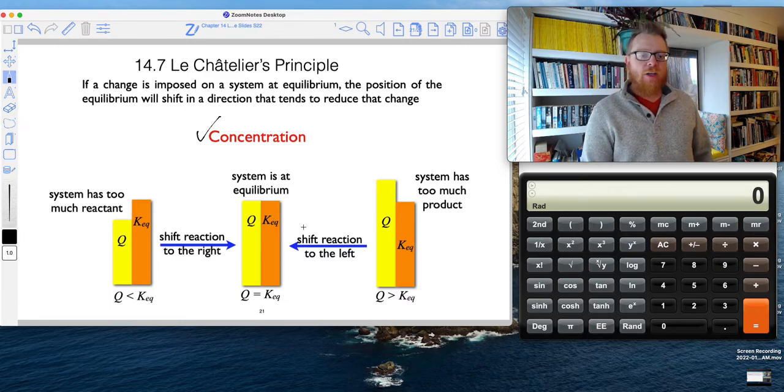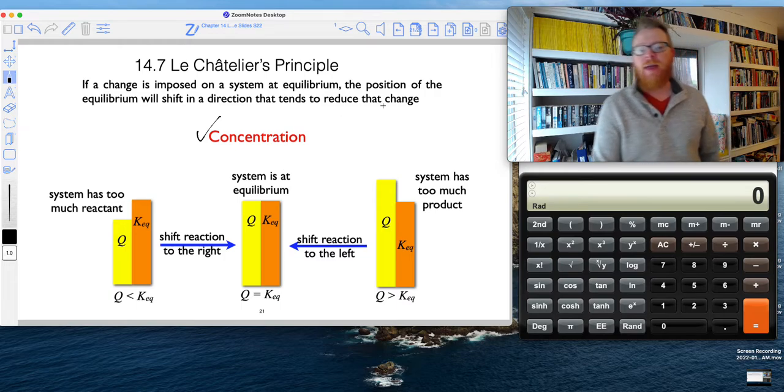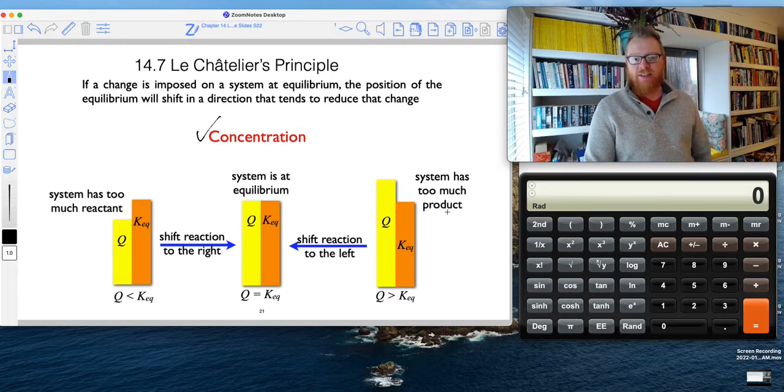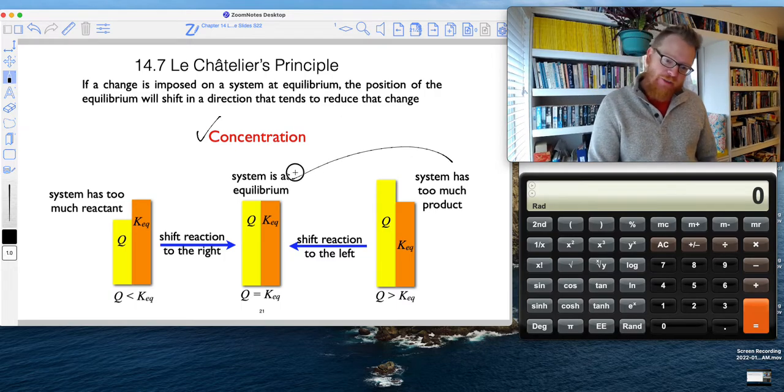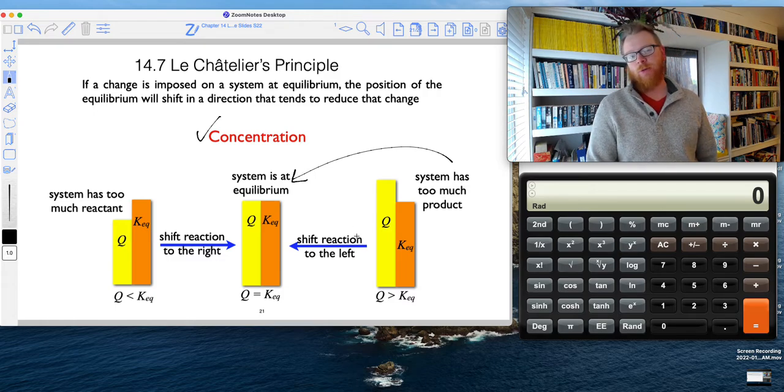Let's suppose we're at equilibrium and we add more product. Then our system is going to have to shift back this way. What if we're at equilibrium and we add more reactant?